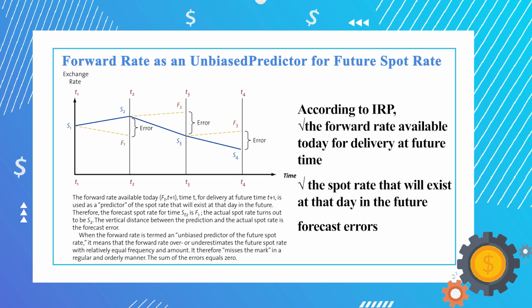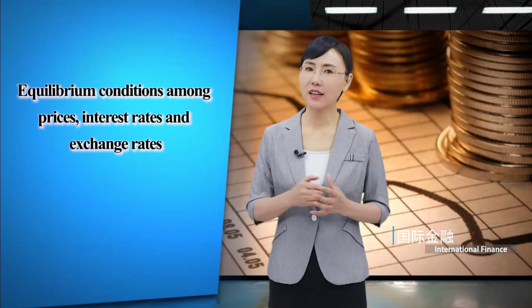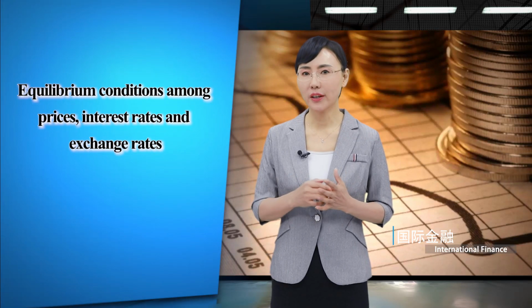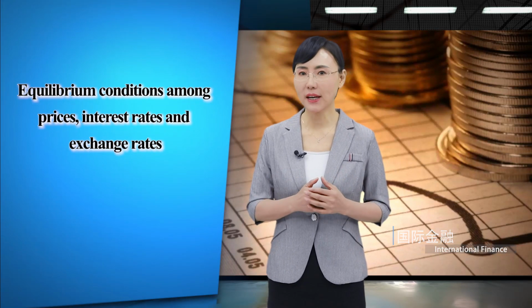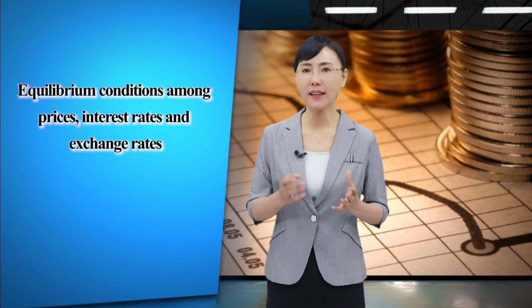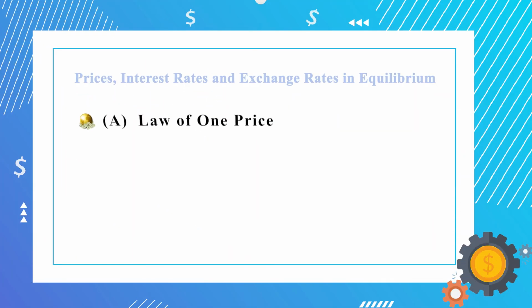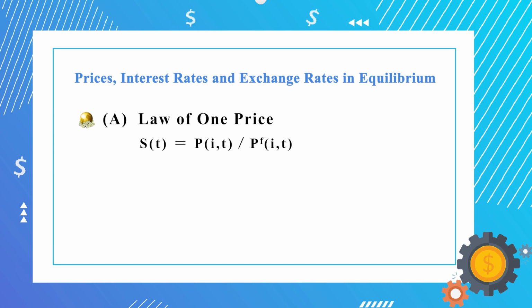At the end of this chapter on international parity conditions, let's give a summary of the equilibrium conditions among prices, interest rates, and exchange rates. The law of one price shows the exchange rate between two currencies is determined by a particular good's prices in the two currencies.